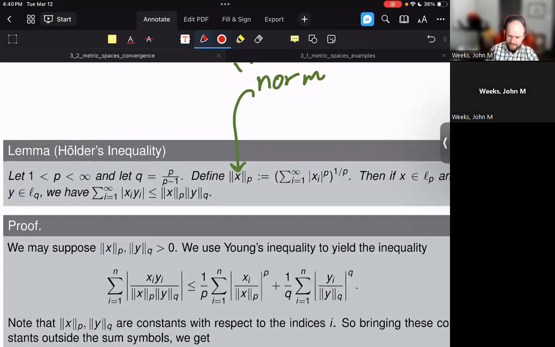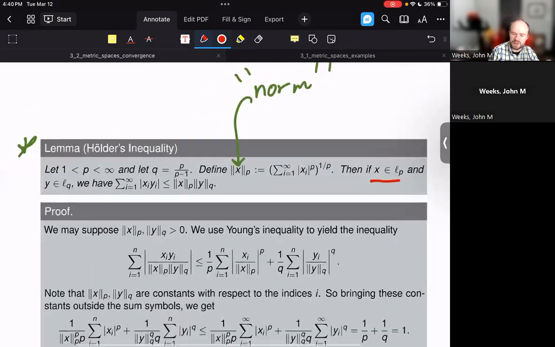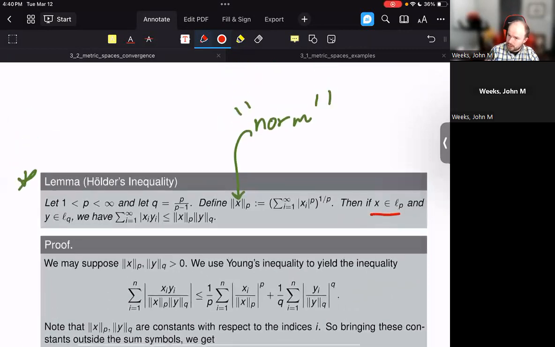Let's say that we have p being between 1 and infinity. Here, p again is being defined as the subscript for our space little lp. And then we define the norm of a sequence x in terms of this p norm to be this value right here. You might recognize this as the distance between the sequence x and 0.